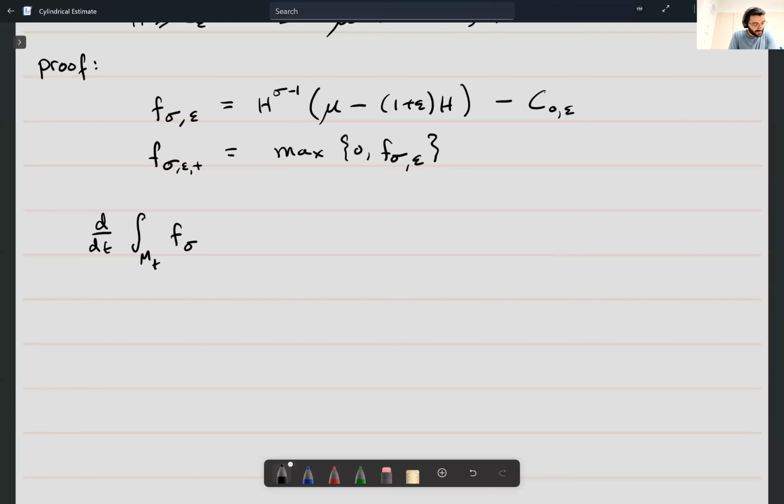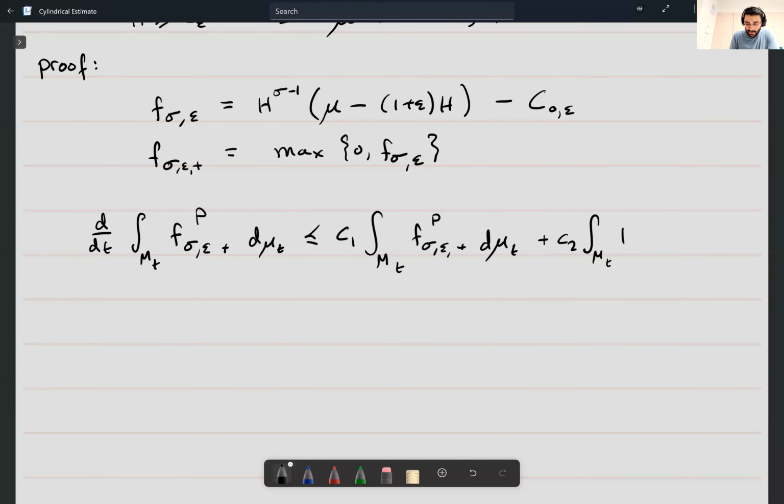So the integral of f sigma epsilon plus to the power p d mu t is less than or equal to some constant c1, which depends on a bunch of parameters, times the integral of f sigma epsilon plus to the p d mu t, plus c2 times the integral over Mt of a squared d mu t.